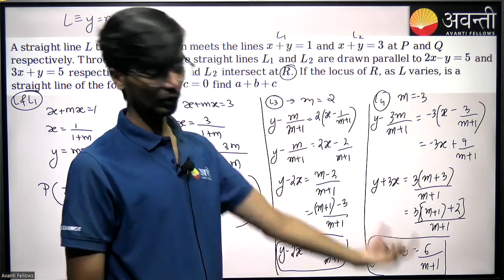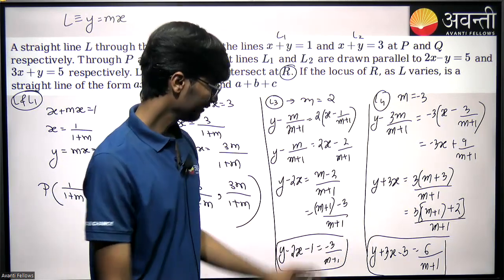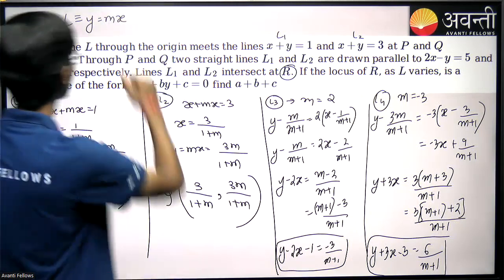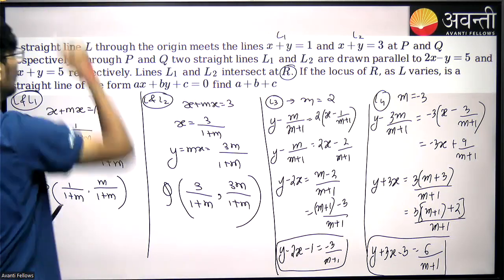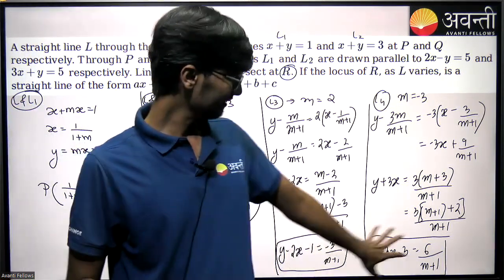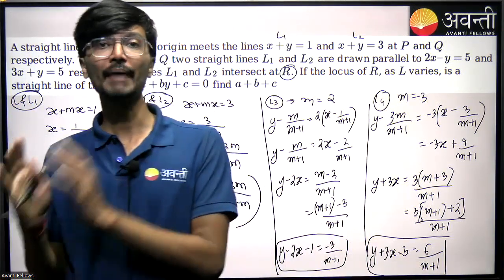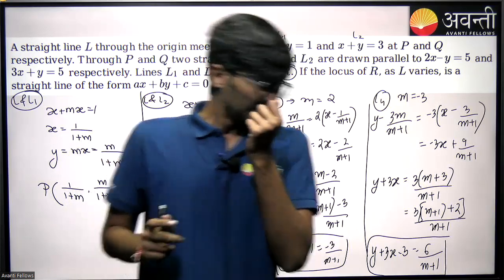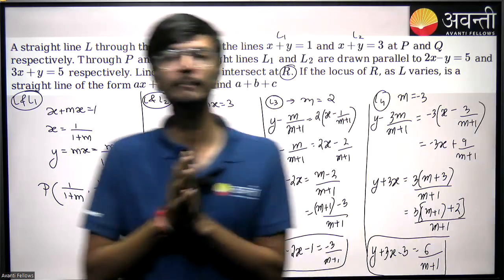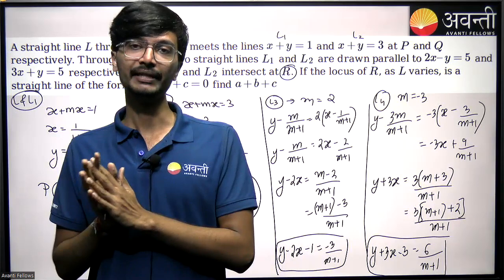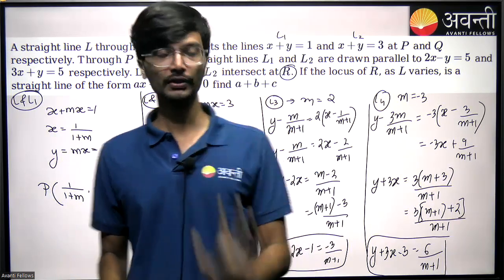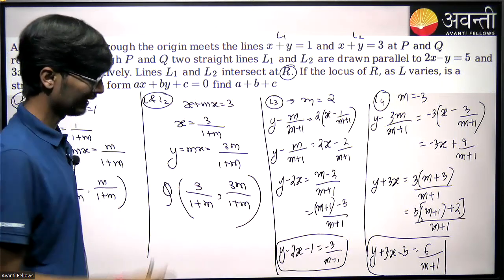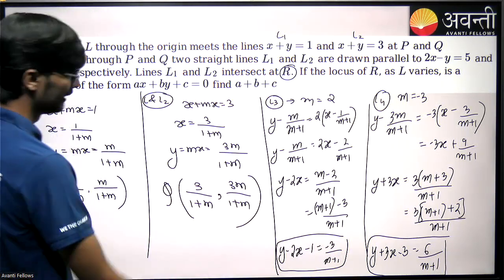So let us go and solve these two lines. What we have to do is just divide these two lines, correct? I'll write it here. If we divide these lines, you can see m is a parameter. If m is a parameter, that means we have to eliminate m to get the equation of the locus. So we divide this, and m will be eliminated.